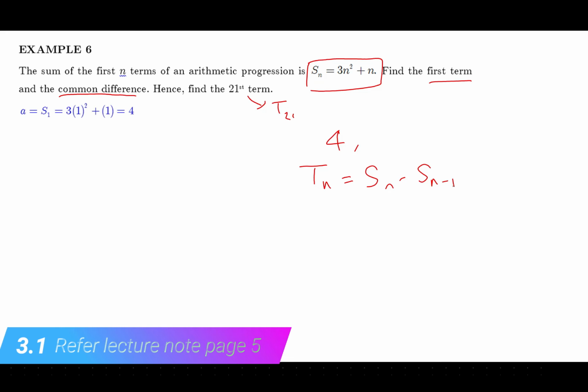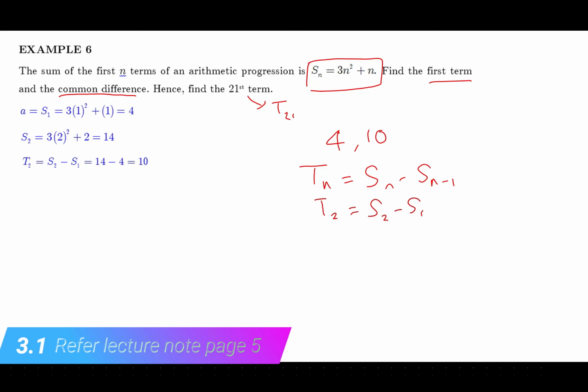So we have S1. Now to get T2 here, we obviously need S2 and S1. So we have to find S2. To find S2, we substitute our n with 2 in our Sn equation, and get 14. Then T2 equals 14 minus 4, which is 10. So now, in our sequence, we have the second term as 10.